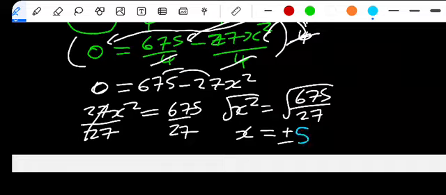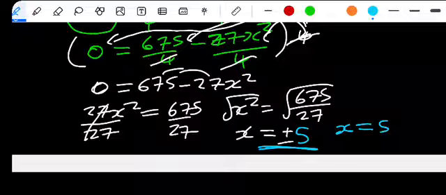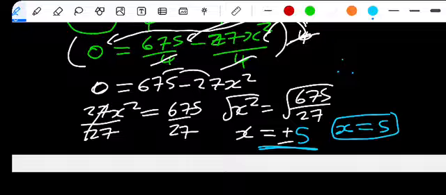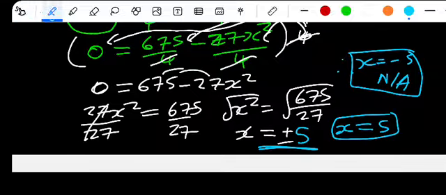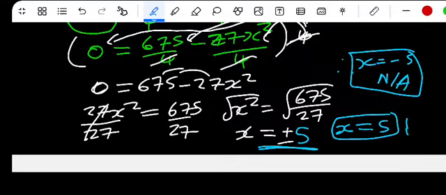That means you have plus or minus 5. X will be equal to what? We'll just use 5 because the length cannot be negative. So x equals minus 5 is not applicable. Remember, x is a width, it's a length. We cannot have negative length. So this is what you have.